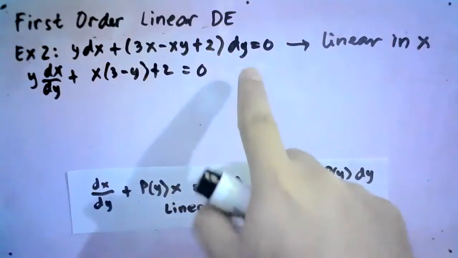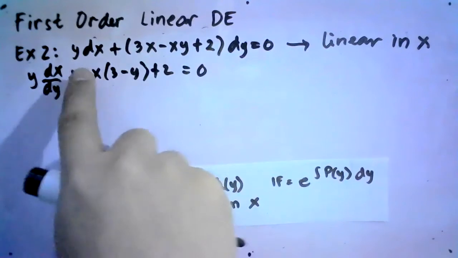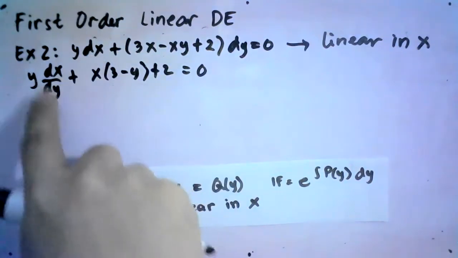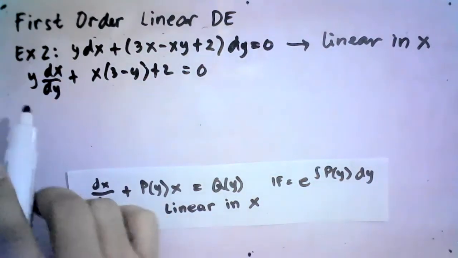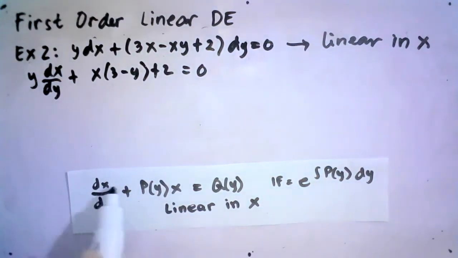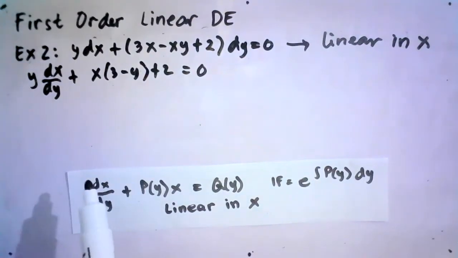So I immediately divide dx by dy, and we have this as a result. By arranging this, of course, we only need dx over dy, so we have to divide both sides by y.